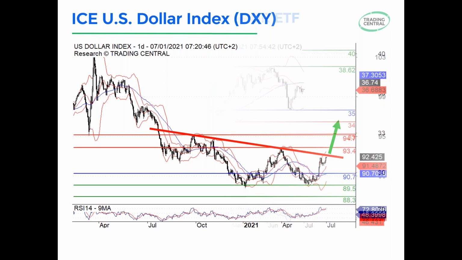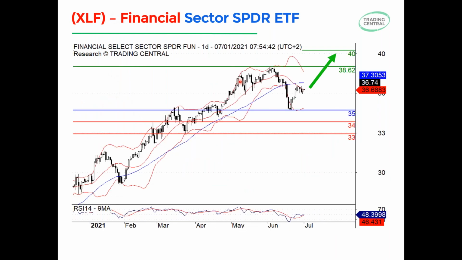Now, the next one, we have financial sector. Well, this corresponds to our previous news headlines about inflation, increasing interest rates. You know what? Increasing interest rates are good for banks. We see for the first half of the year, bank stocks rising, financial sector stocks rising.